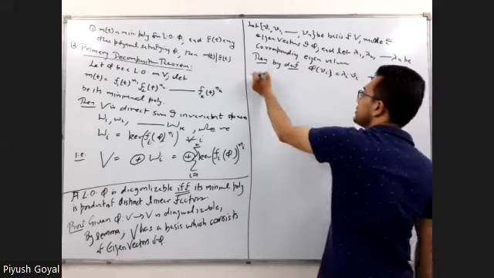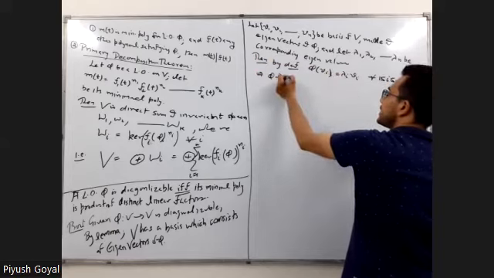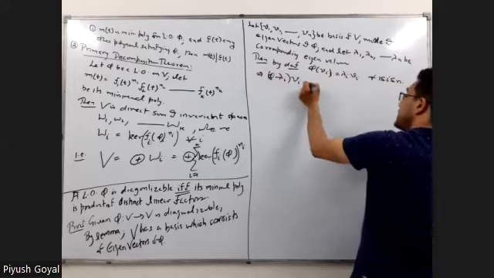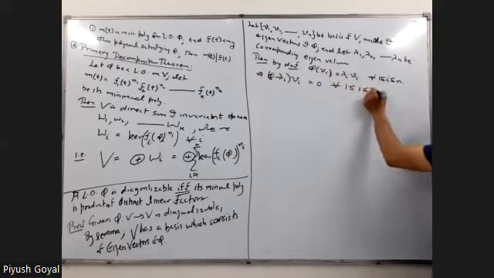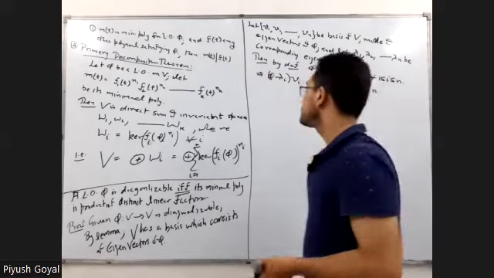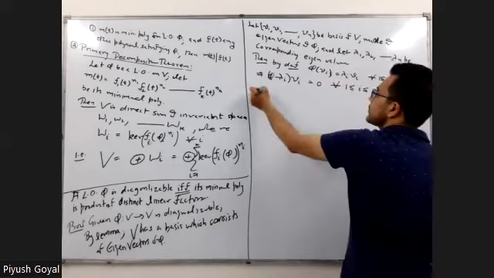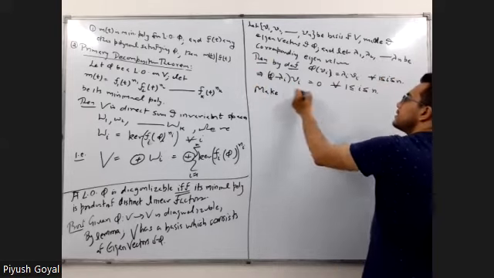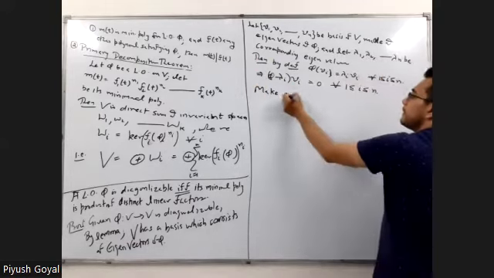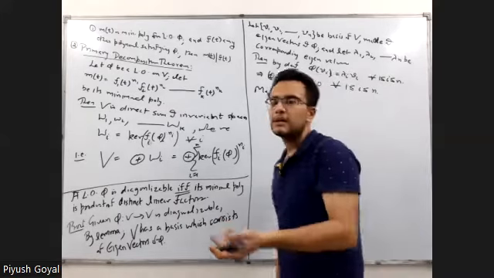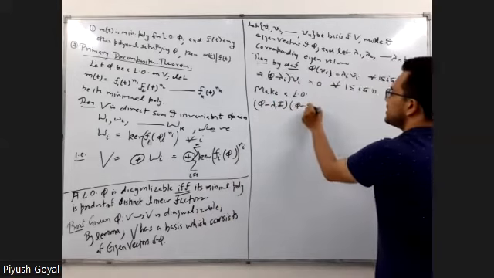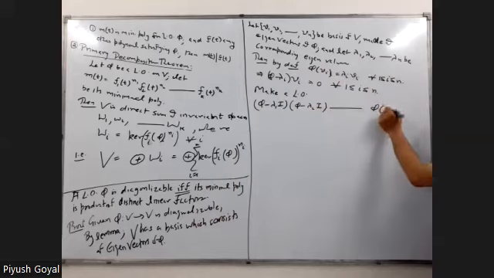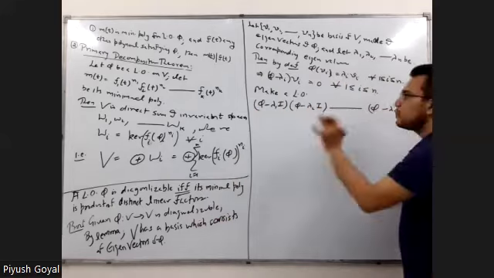So this implies (phi minus lambda i) vi = 0 for all i from 1 to n. I hope this is clear to you. Now I define a linear operator (phi minus lambda 1)(phi minus lambda 2) ... (phi minus lambda n) from V to V.